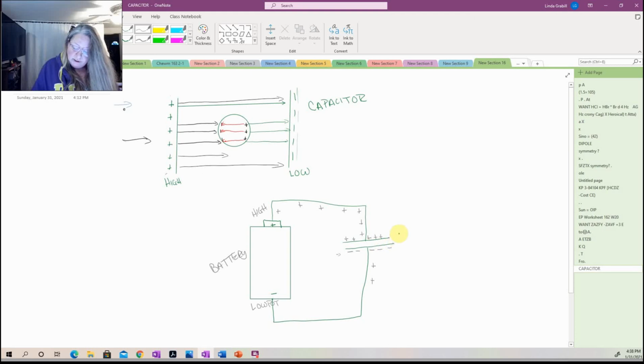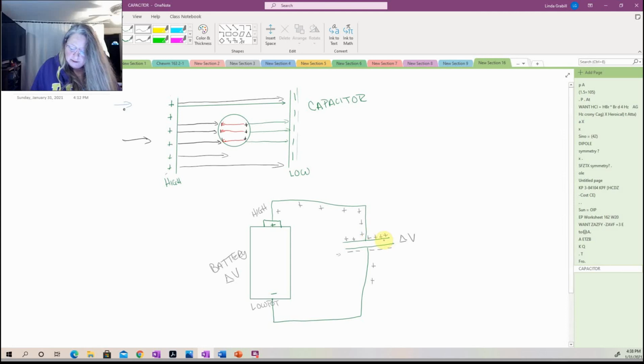Still a limit, but I can get a little bit more there. What is really cool is that the maximum amount I can put on these plates, once the thing is completely charged, is that this potential difference is going to be exactly the same as this potential difference. Let's think about why that is. So I have a high and a low potential. I have as much movement as I can generate from that potential, as high as that cliff can get, and I'm going to let the water go into a pool below.